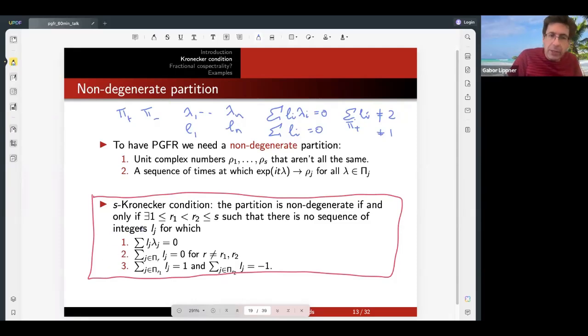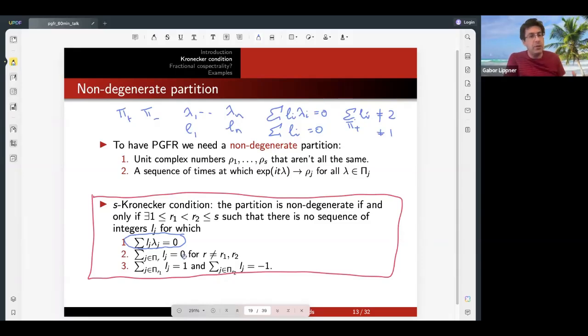So how does this change when we have more than two parts? We still want to choose an integer for each eigenvalue, and we still want this sum to be 0. But instead of asking that the sum of all the integers be 0, we have to ask more. We have to ask that the sum of the integers in each part is 0, except for two parts, and it can be any two of the parts.